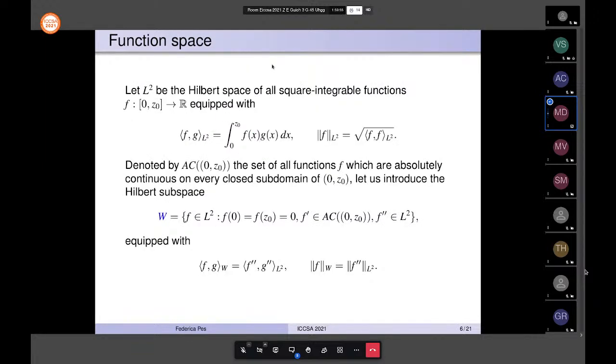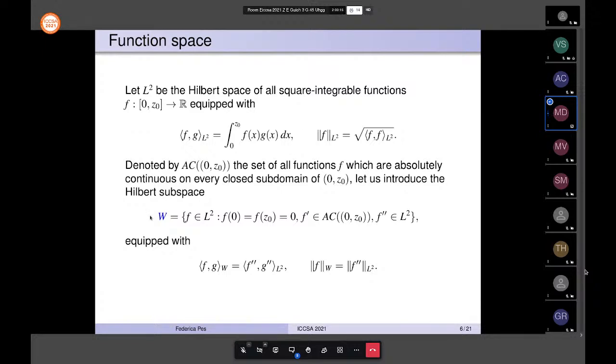In this slide, we recall some basic properties of functional analysis. We consider the Hilbert space L2, with this inner product and this induced norm.